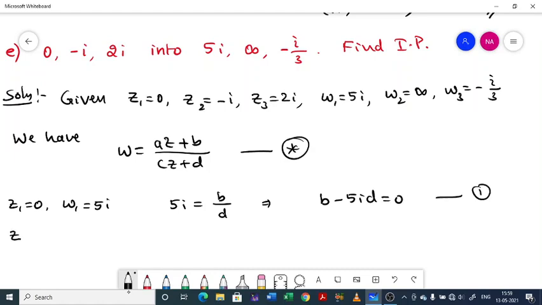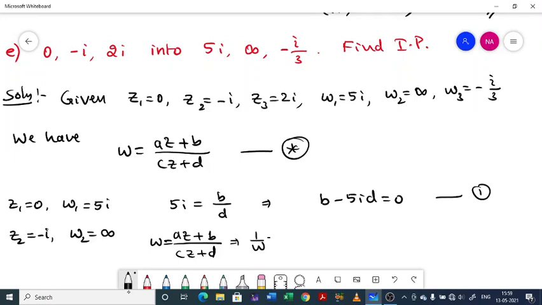Next, z2 equal to minus i and w2 equal to infinity. Now see, we have w equal to (az plus b) divided by (cz plus d), but here we cannot substitute the value of w directly, so we will take the inverse.